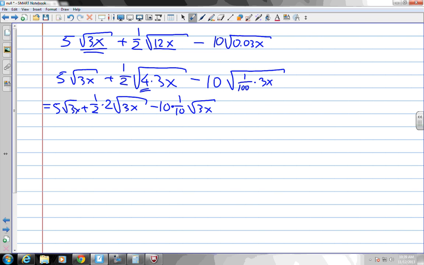So 2 came out from the radical, and 1/10 came out from the radical. Is that okay? So the 2 and the 2 cancel here, and the 10 and the 10 cancel there. So we're down to 5 square roots of 3x plus square root of 3x minus square root of 3x.